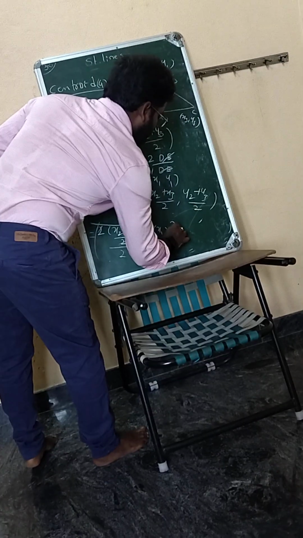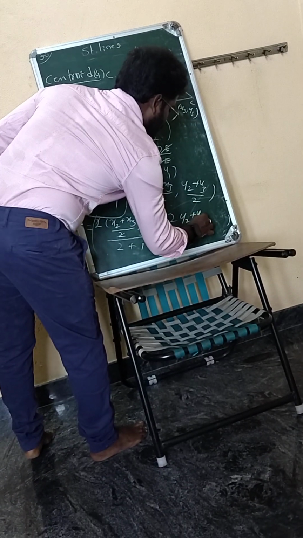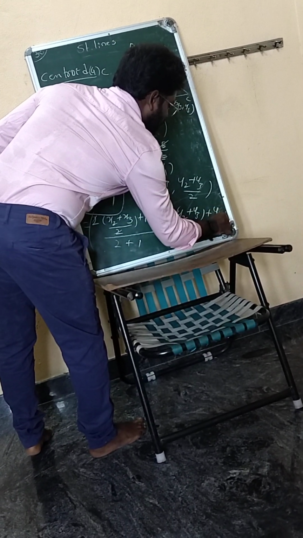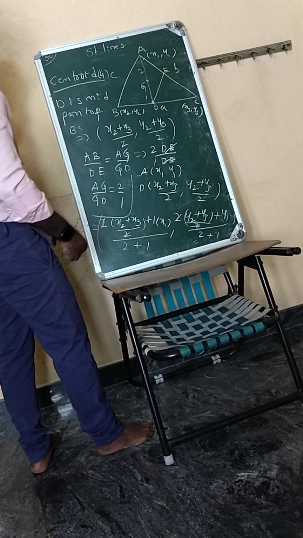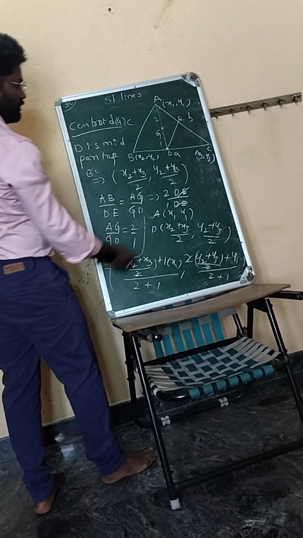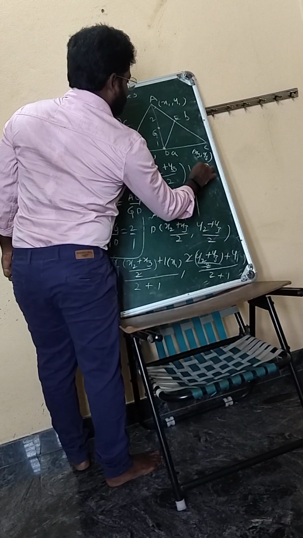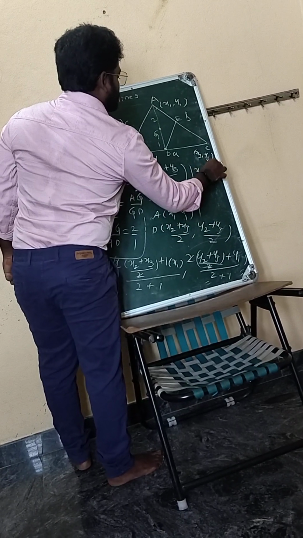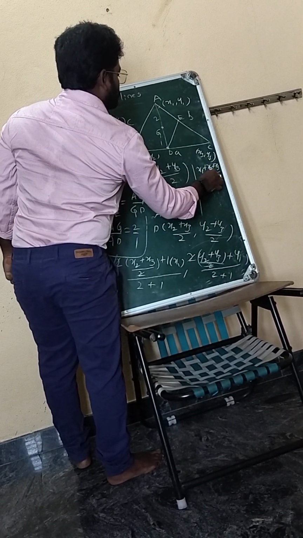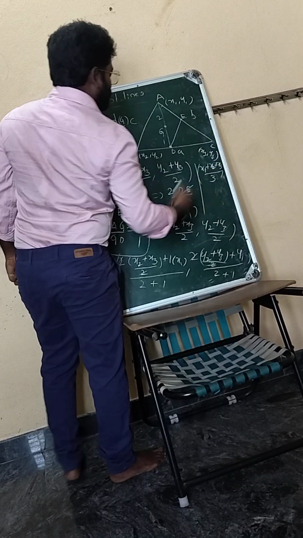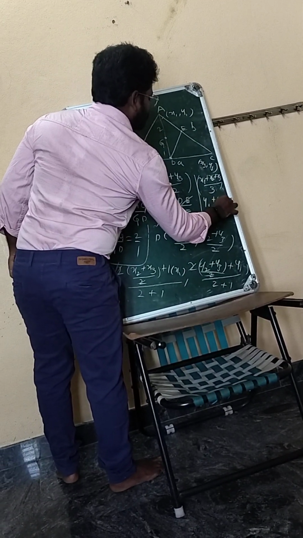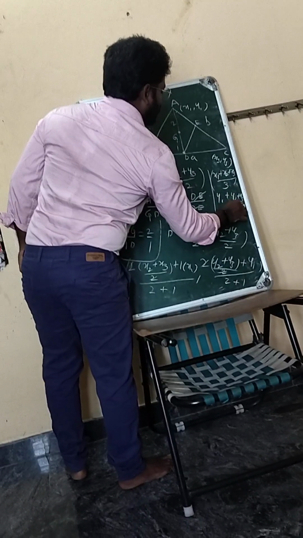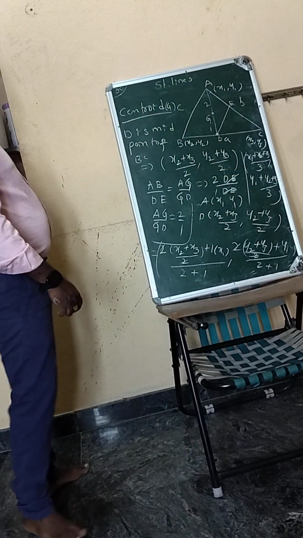Next one, same: 2 into y2 plus y3 by 2 plus y1, divided by 2 plus 1. 2 and 2 are cancelled. Once you observe that one, what is the formula? x1 plus x2 plus x3 divided by 3. Next formula, y1 plus y2 plus y3 divided by 3.